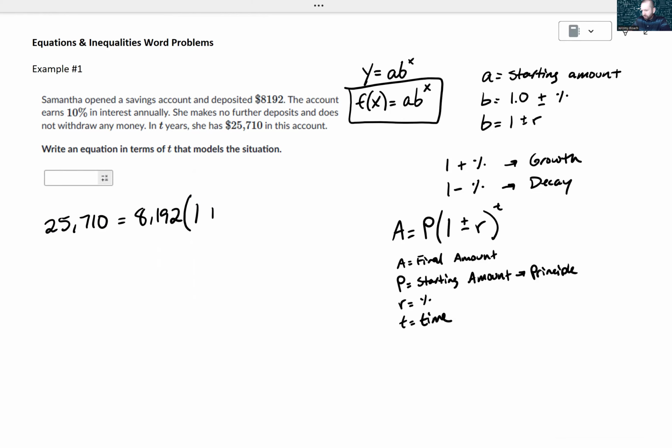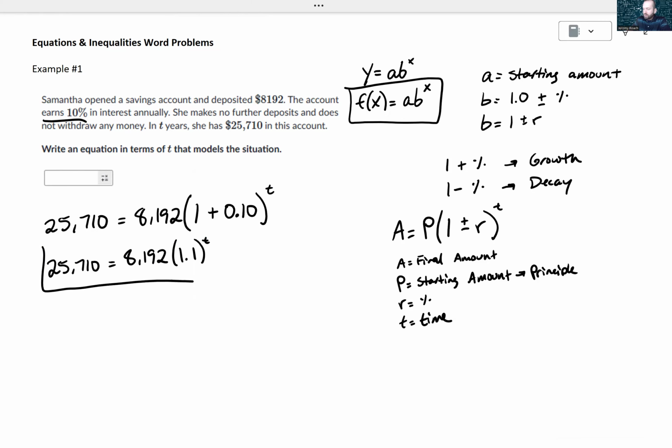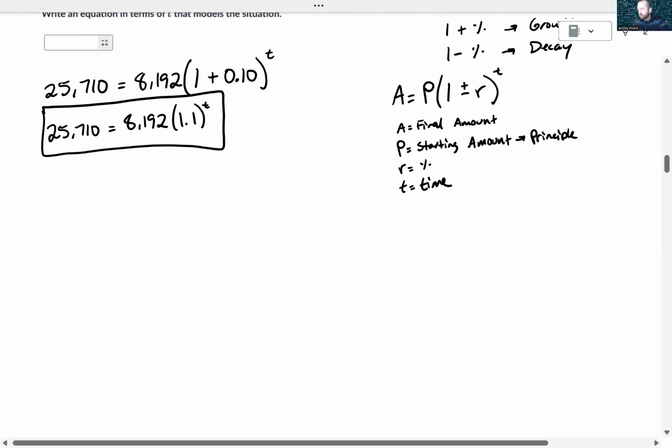This one's going to be plus because she's earning 10% interest. So plus 0.10, or just 0.1, and then to the power of t. And then you can simplify this as 1.1 to the power of t. And that's all it wants us to do for this equation. Now you can solve this with logs if you remember how to do logs, but we're not going to go that far in this example.